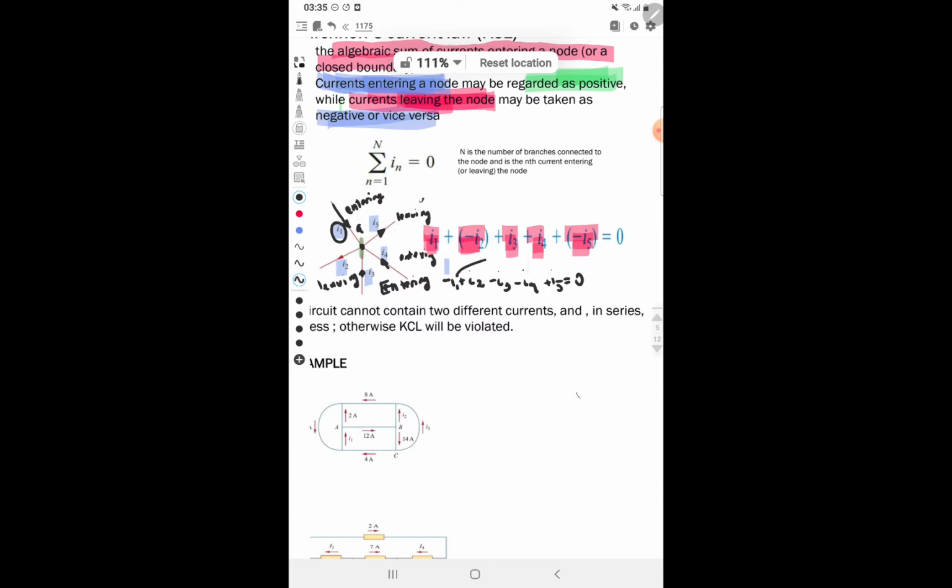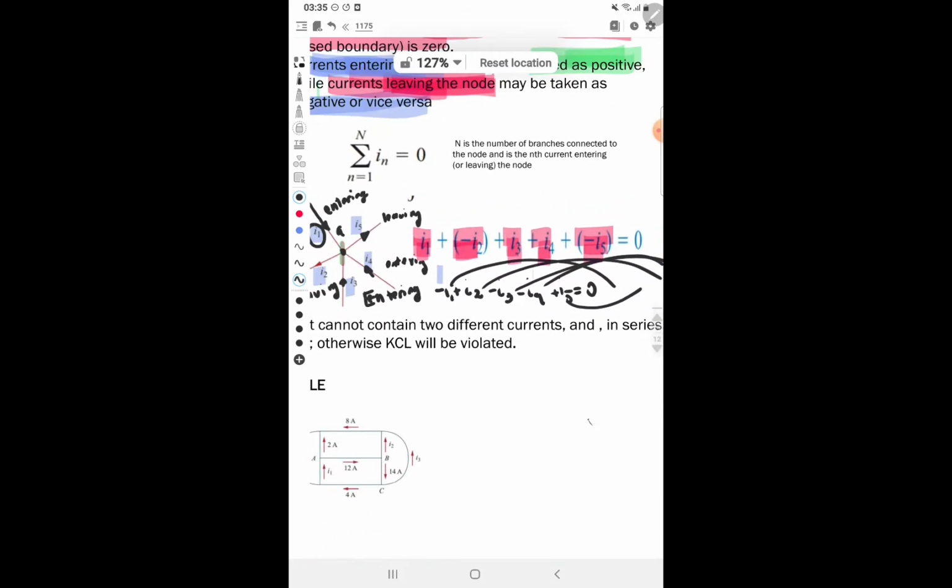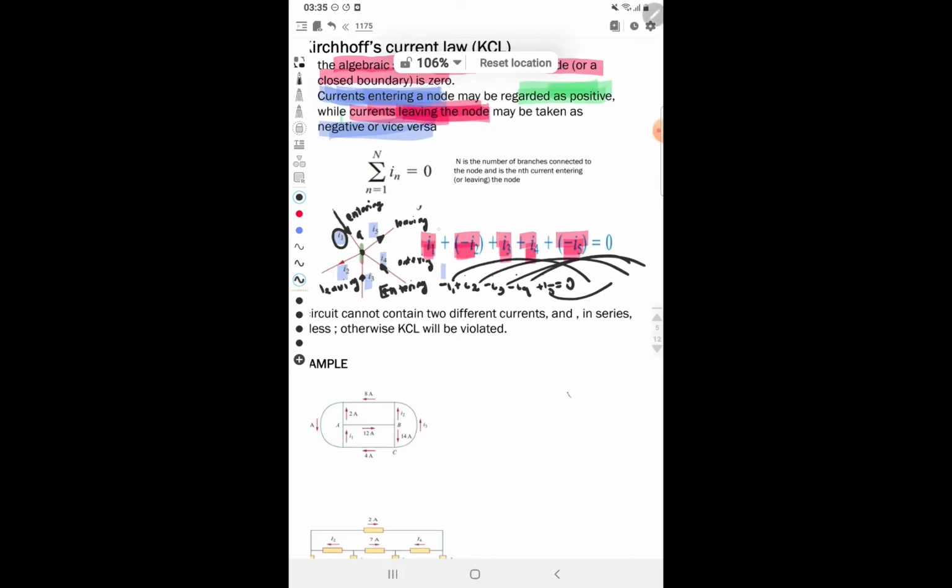Mapapansin mo, pag transpose mo lang naman yan ulit dito sa kabilang equation, we will have the same equation as this one. So, parehas lang sila.